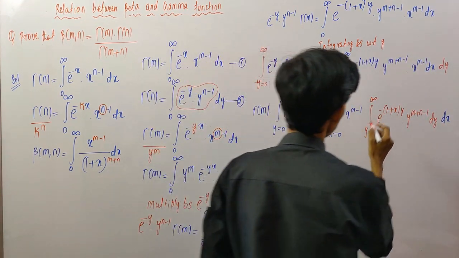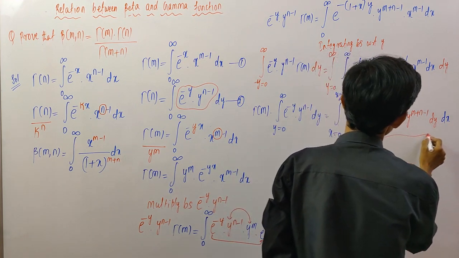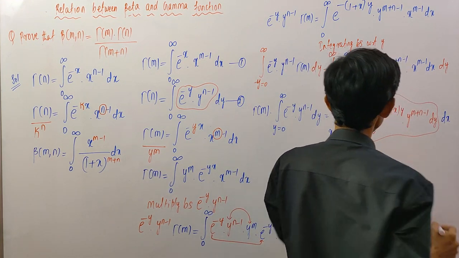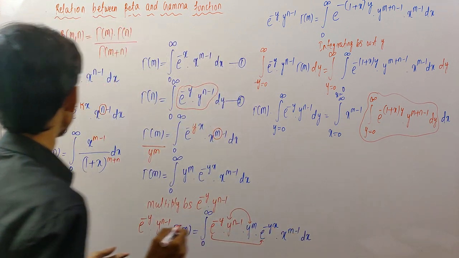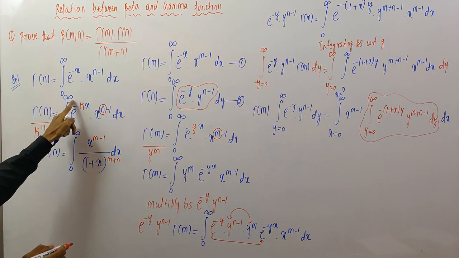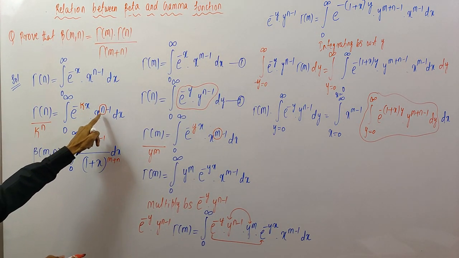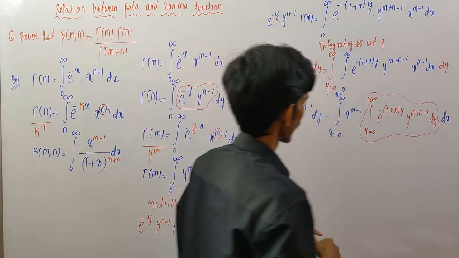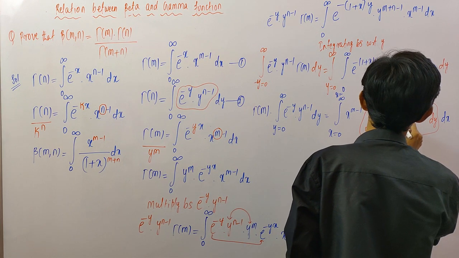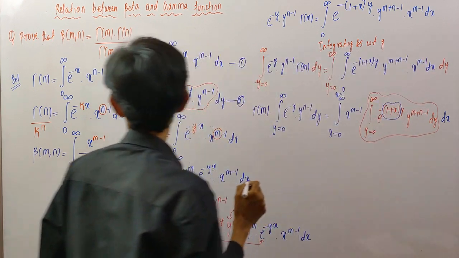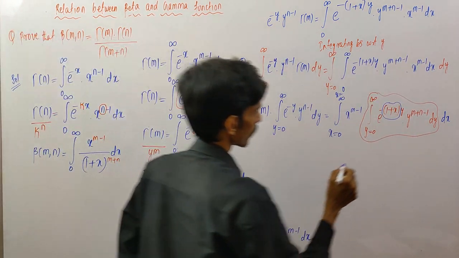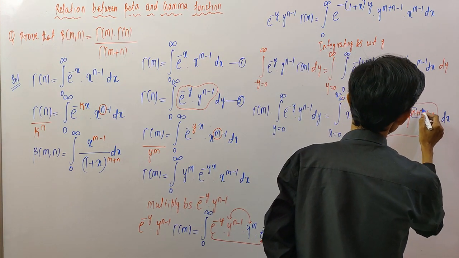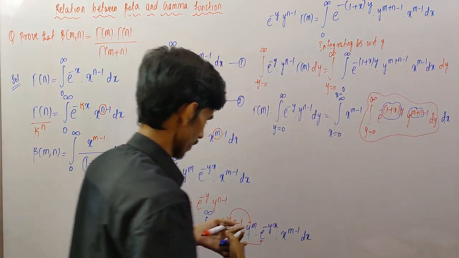Now this complete integral is in the form of this term, integration 0 to infinite e power of minus kx into x power of n minus 1 dx. In place of k we have 1 plus x, in place of n we have m plus n.